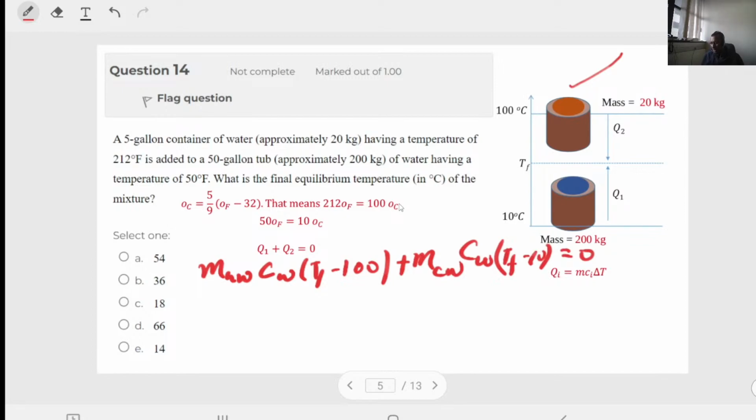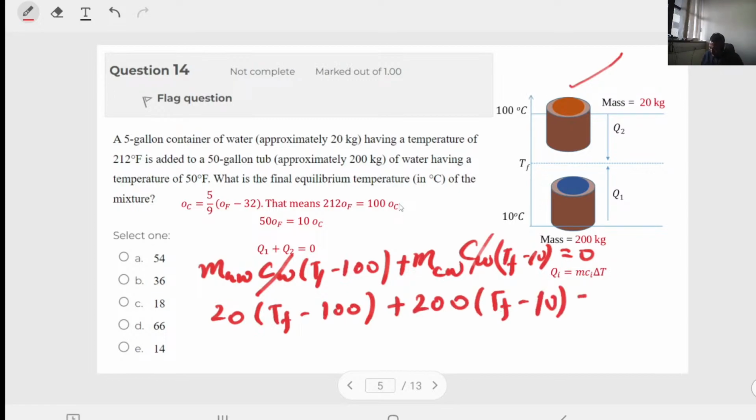I could remove the specific heat capacity of water on both sides. Then you could simply put in 200. Okay, 20 kilograms times (T final minus 100) plus 200 times (T final minus 10) must be equal to 0.